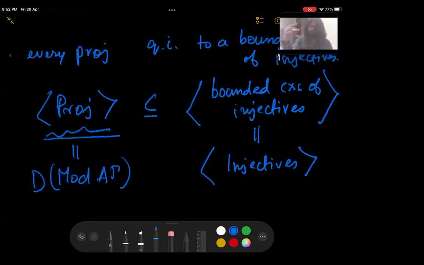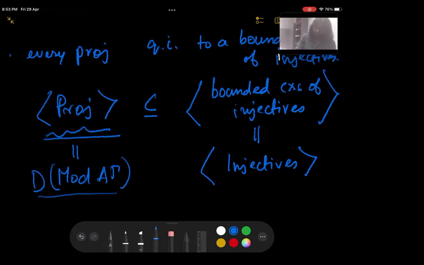And from there, using the fact that you can write any complex as the homotopy colimit of its good truncations, in other words the canonical truncations, and the fact that localizing subcategories are closed under homotopy colimits, it is very straightforward to show, and it is well known actually, that the projectives generate the derived unbounded category, as in the smallest localizing subcategory containing the projectives is the whole derived unbounded category.